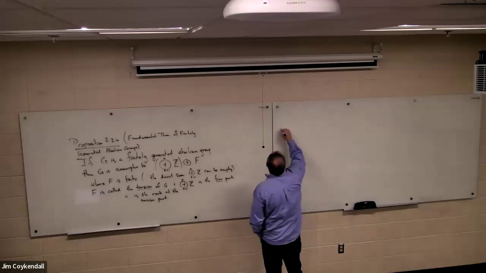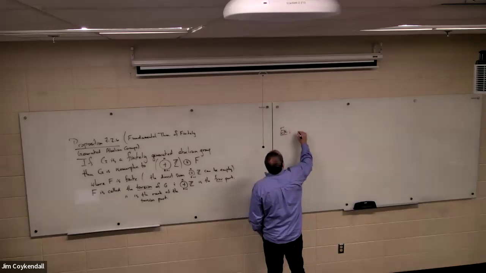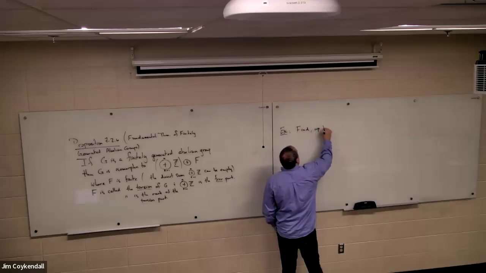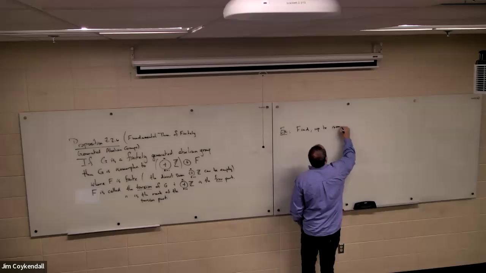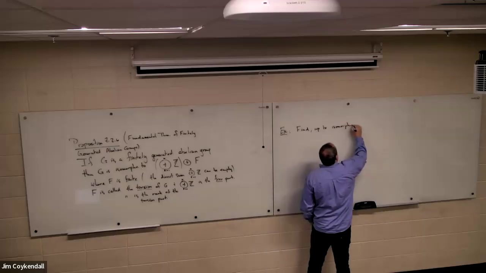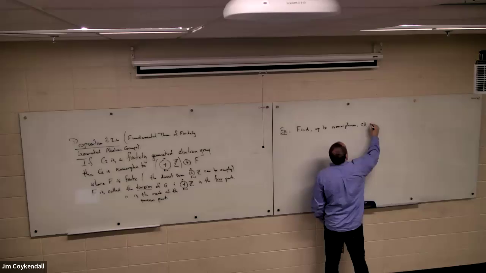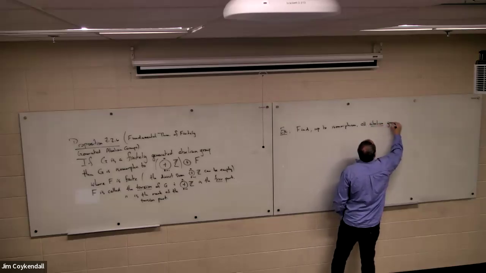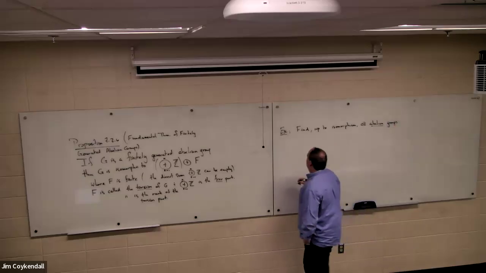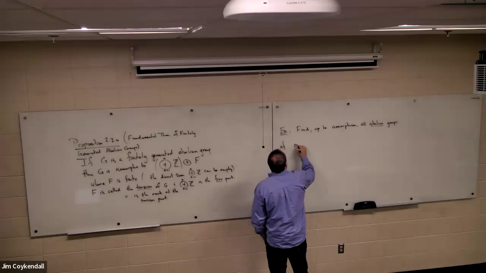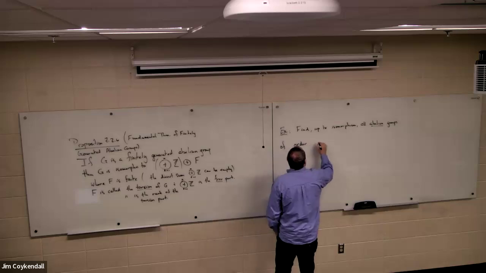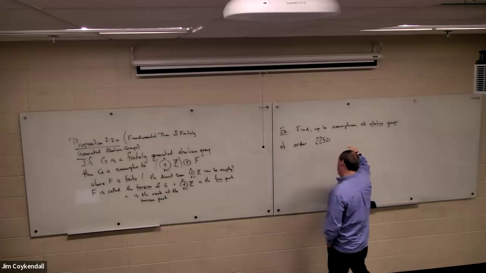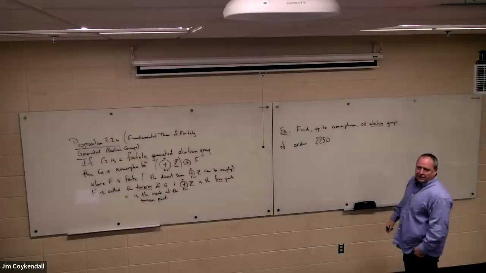Example: find, up to isomorphism, all abelian groups of order 2,250.